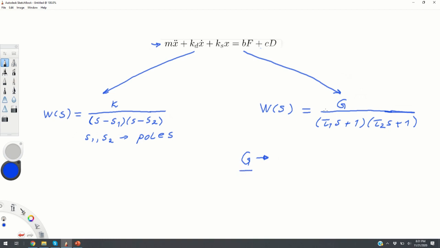So from this representation you can directly see the steady state system gain. I'm going to call g a gain here, and moreover, tau 1 and tau 2 are related to time constants of the system, as you will see later in this video.